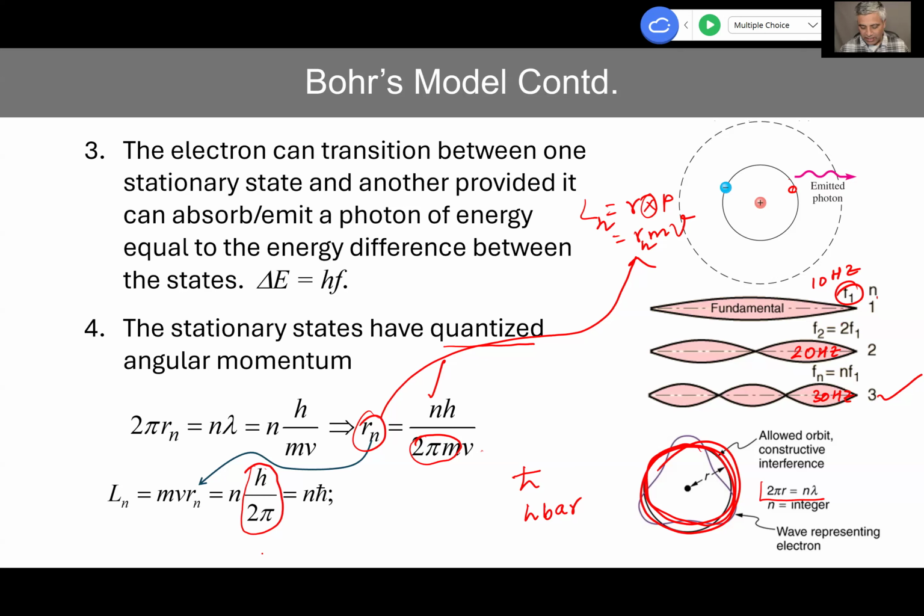So I'm writing h bar there just in case you see it somewhere in the book and get confused. But I'll be mostly using just h over 2 pi. Okay. So we have this Rn and we have the angular momentum.